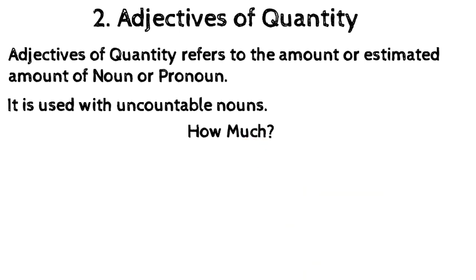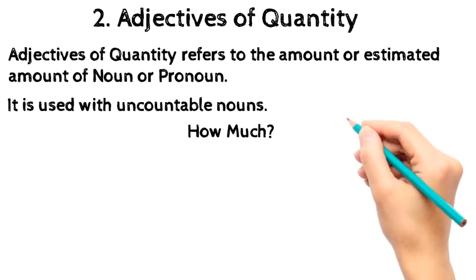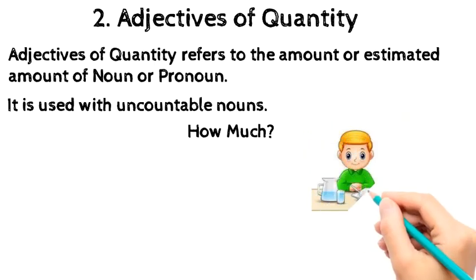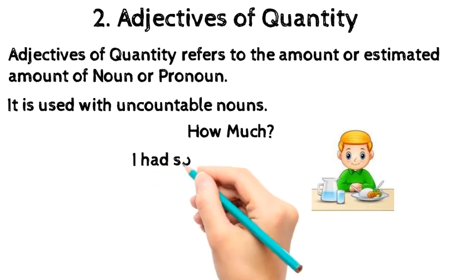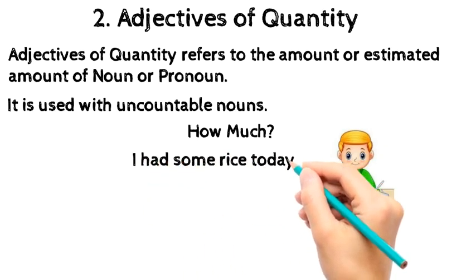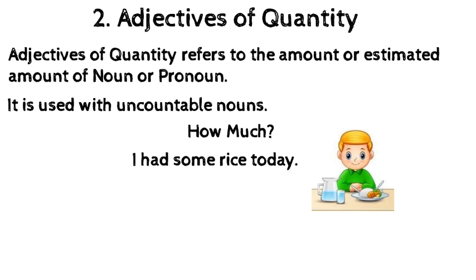Now let's take one of the simplest examples. Suppose you ask me, how much rice did you have today? My reply will be, I had some rice. Here in this sentence, I am using the word some to describe the amount or the quantity of rice I had today. So here the adjective of quantity is the word some.